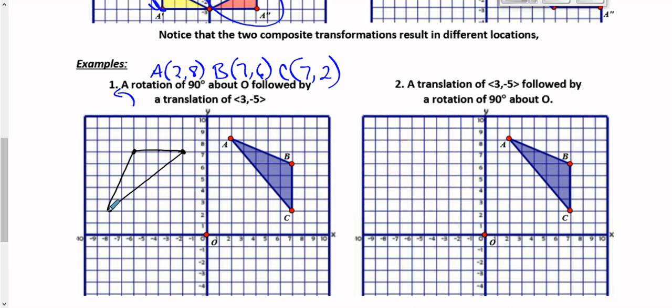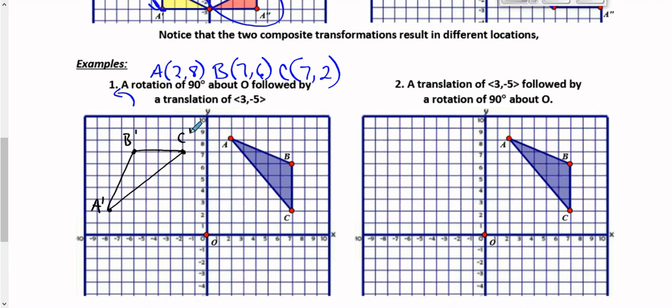You don't need to get nuts with a straight edge or anything like that. So then we have A prime, B prime. When you get done, your rotation should be about there. Okay. And then do the translation.